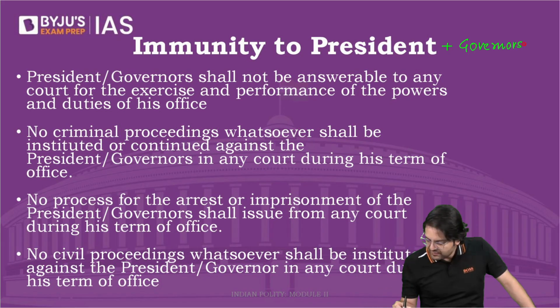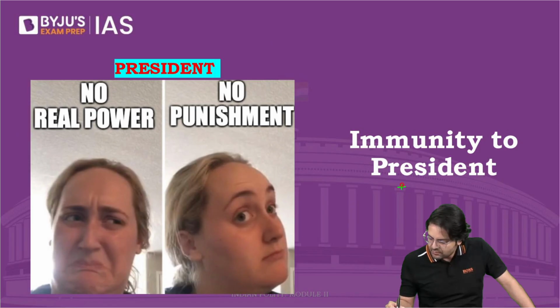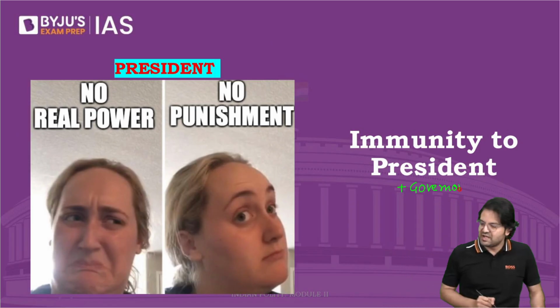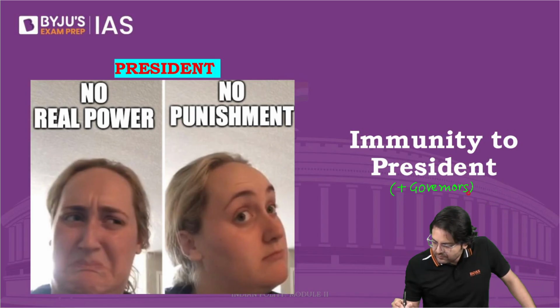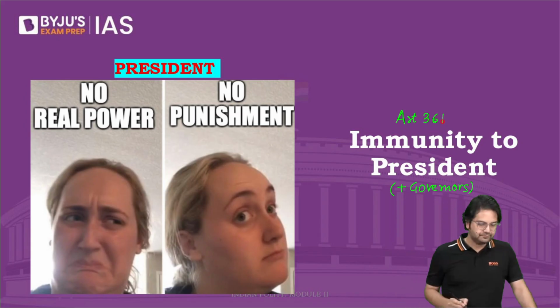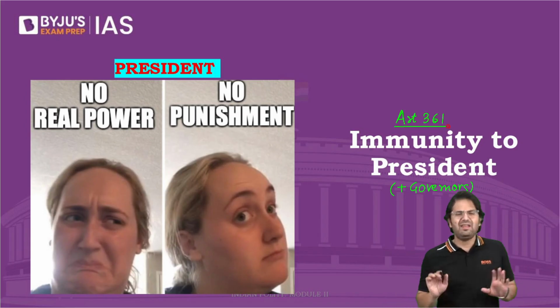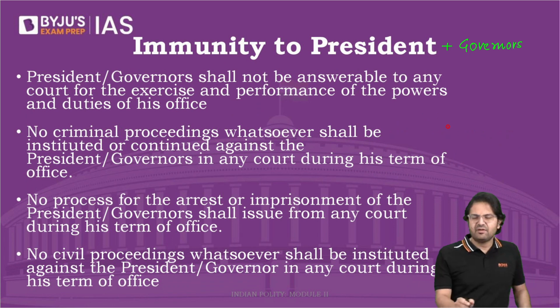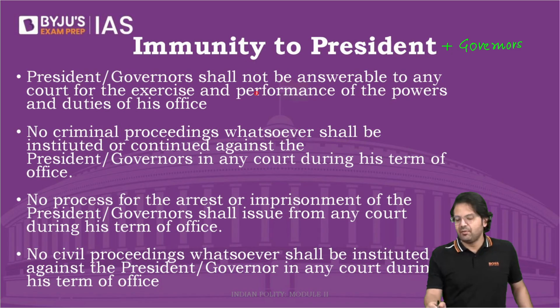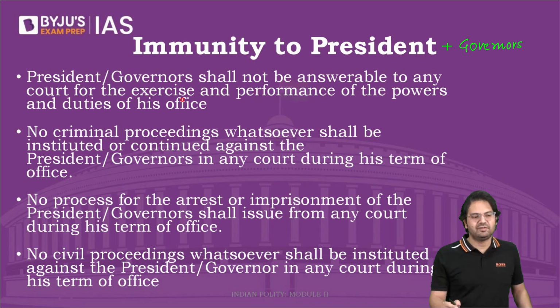Same thing, plus governors. Which article is this? Article 361. Very simple. The president and governors shall not be answerable to any court for the exercise and performance of the powers and duties of office.